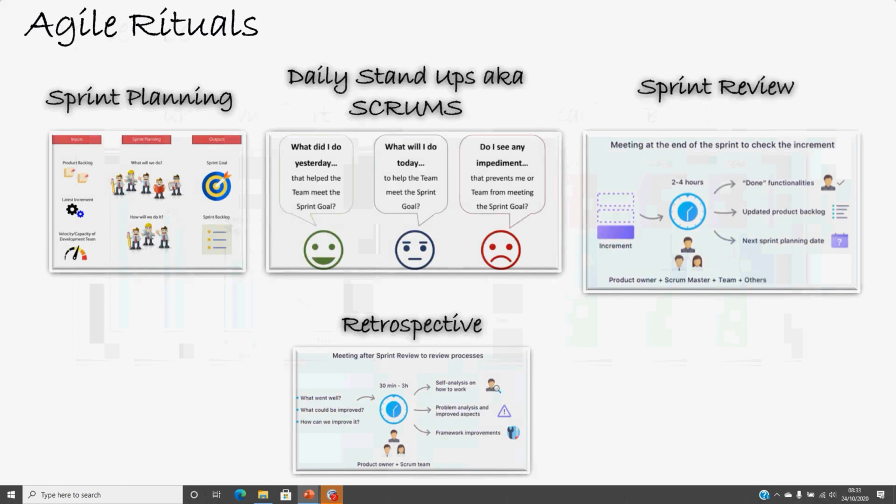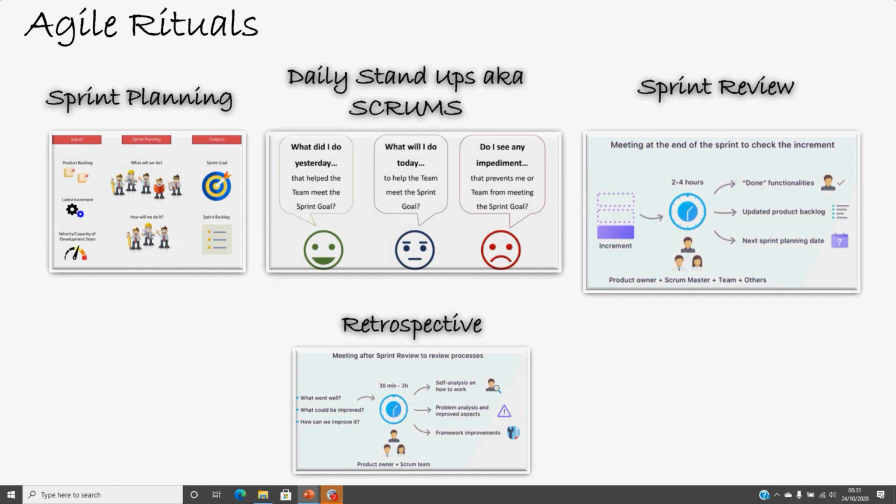Now, moving on to a few rituals of Agile. So these rituals are actually your sprint planning, your daily stand-ups, also called scrums, your sprint review, and your retrospective.